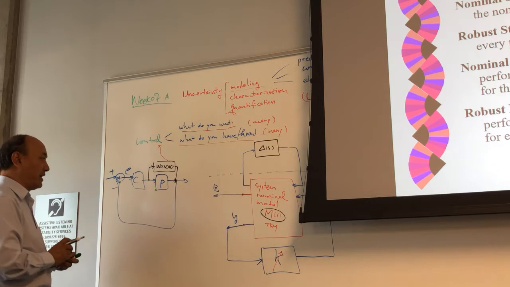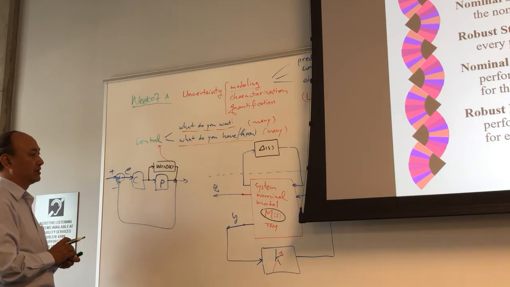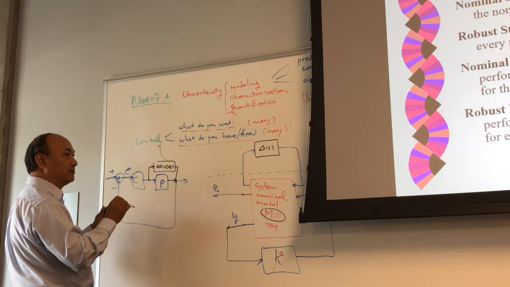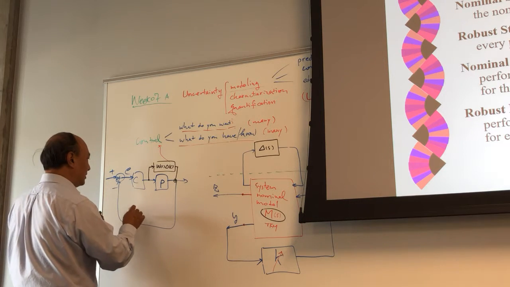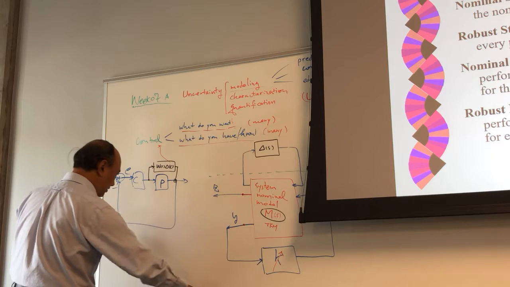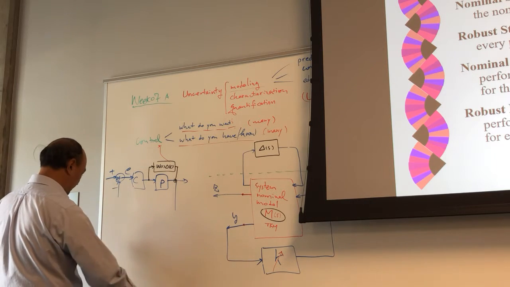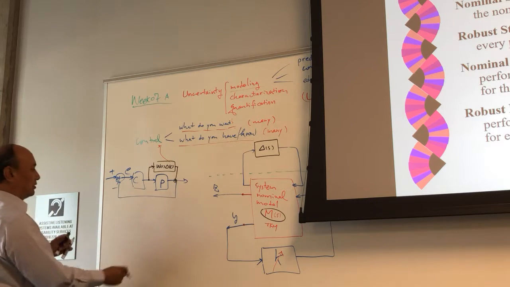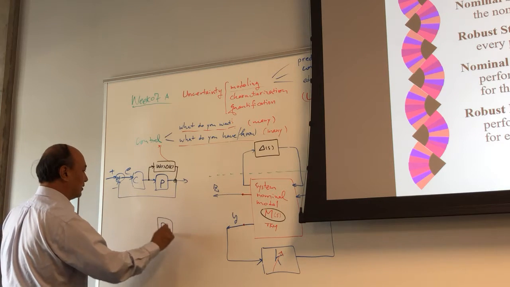What is a matched uncertainty? Matched uncertainty is going through the same channel. So that channel is something like this. So you have P, okay?